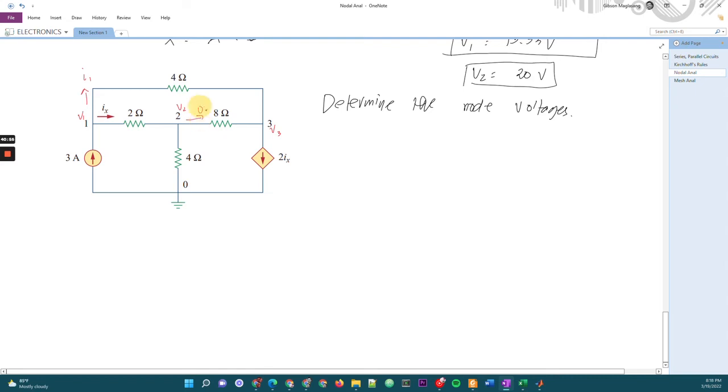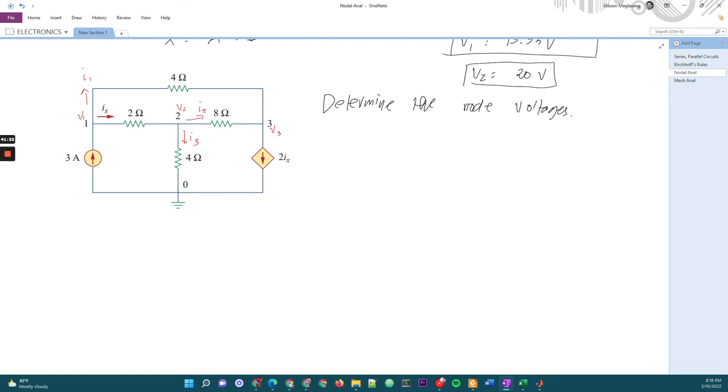Kani siya is I2. This is I3. The rest kay na-hatag naman ang mga current. You have Ix, 3, and then you have 2Ix. So simple na diay ang process sa nodal analysis.